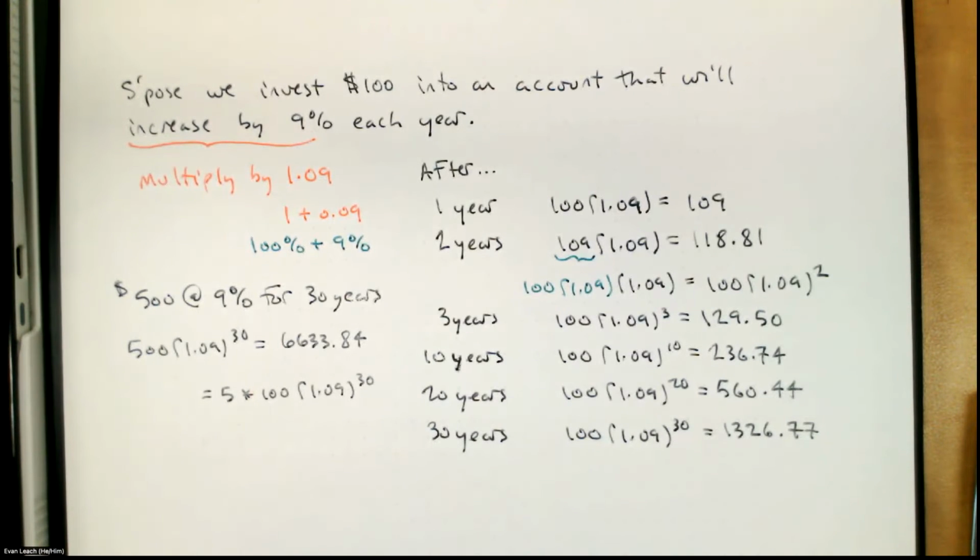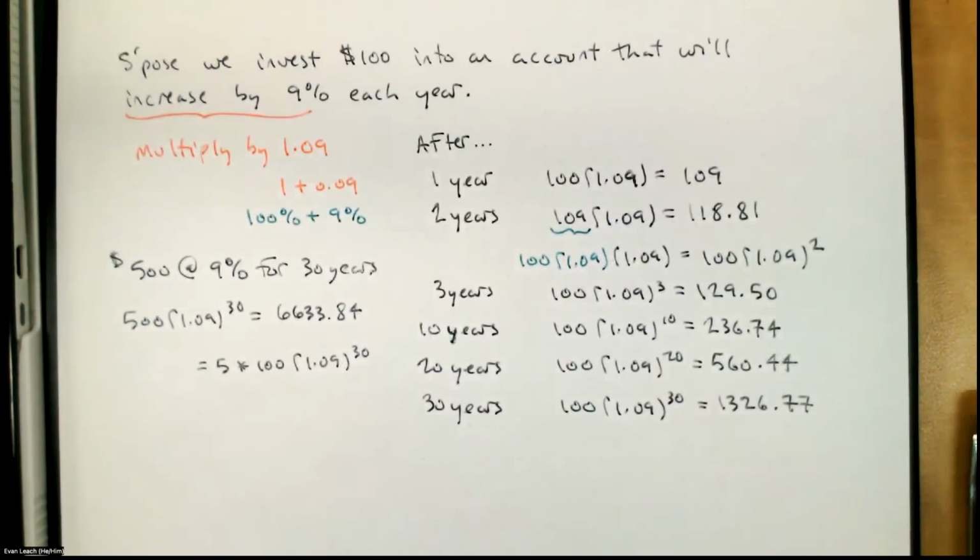So if we say we want $500,000 in 30 years, we can divide by this 1.09 to the 30th.